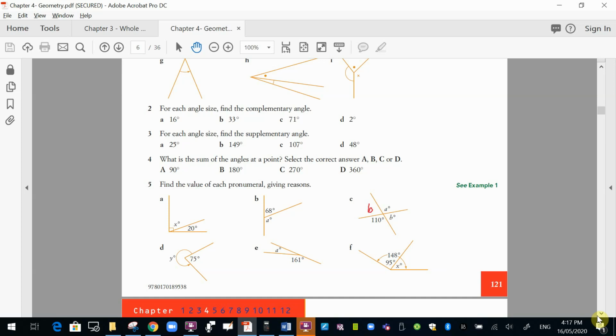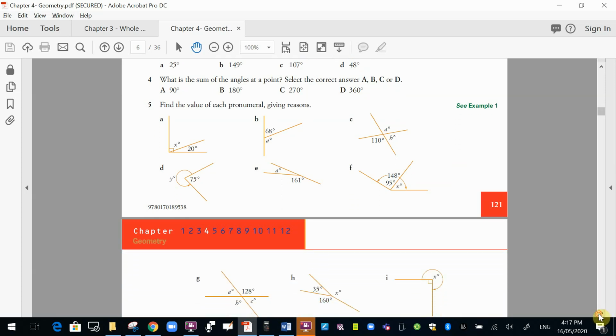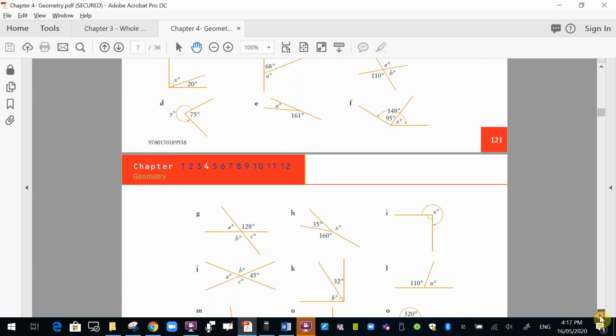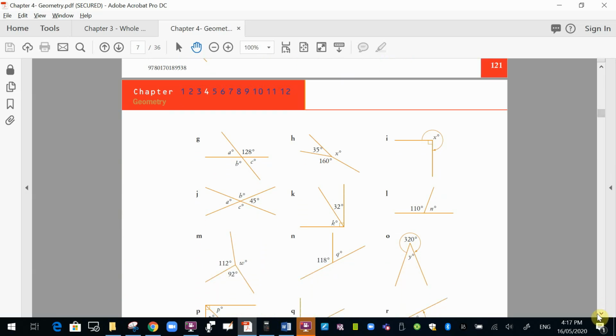Angles at a point, we've got 75, and whatever's left between that and 360, and so on. And then as we move further down, they may get a little bit more tricky, but remember, adjacent and adding up to 90 is complementary. A lot of these are vertically opposite angles or angles at a point.